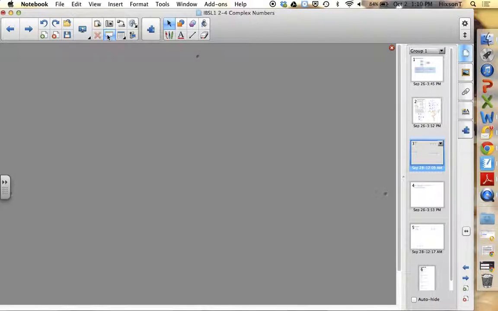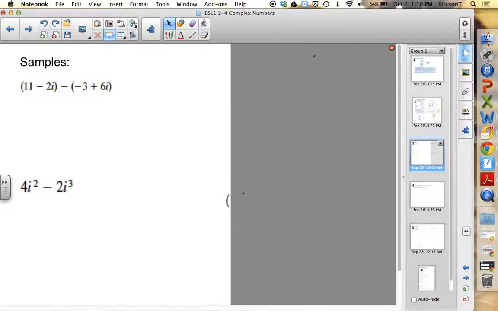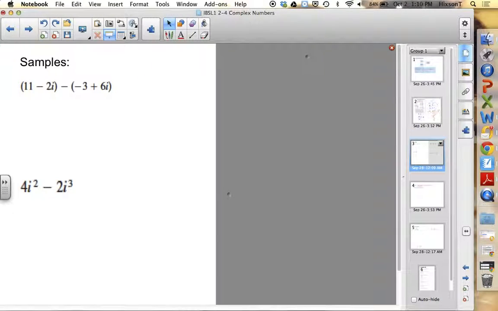Okay, let's try these two. First of all, one tip that I will give you is that as you're doing different operations with complex numbers, until you get to your final answer, you can treat this I just like you would any variable.